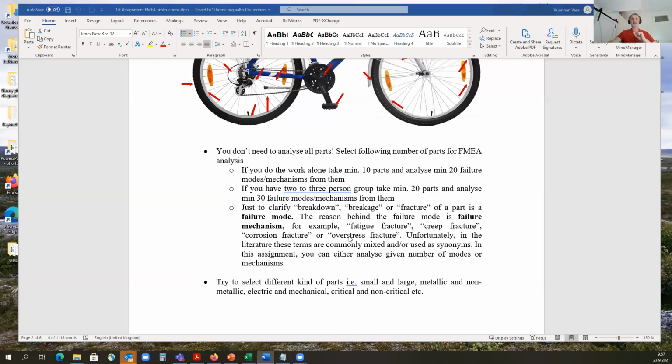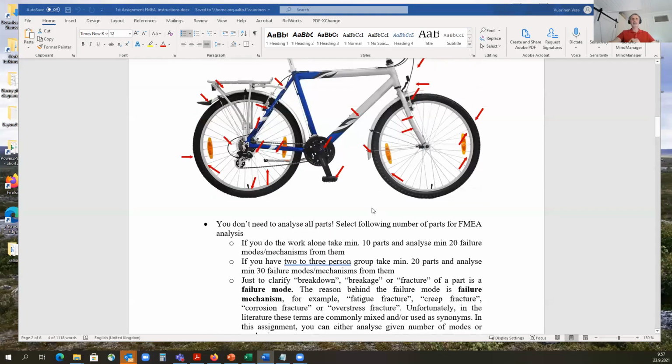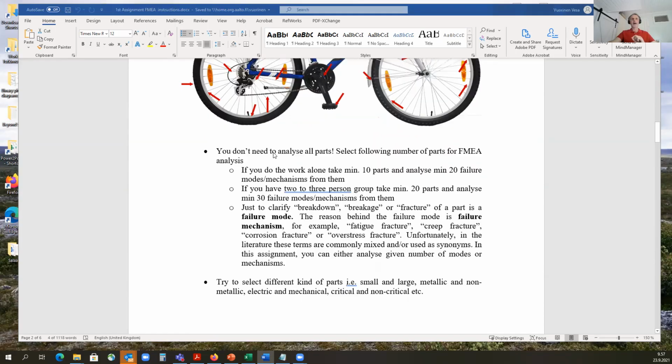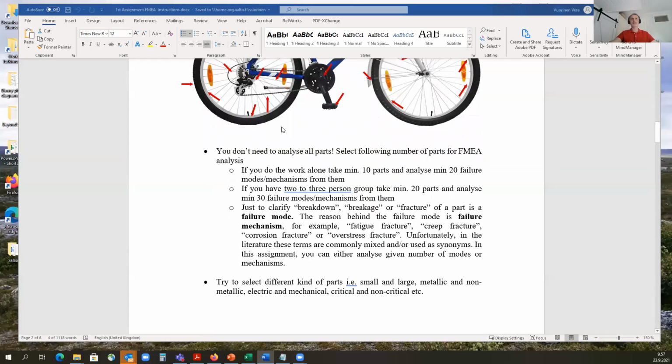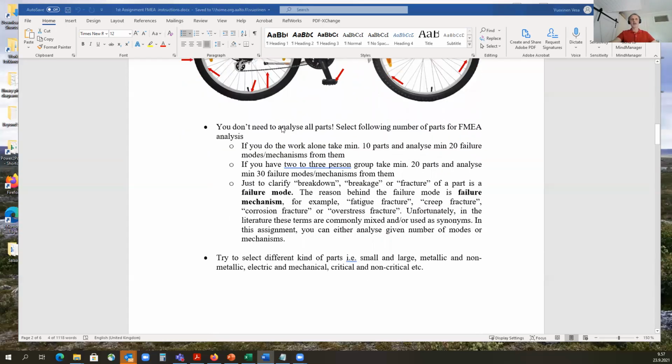So my point is that you should try to select different kinds of parts. So for example, here you can select small parts, large parts, parts which are critical from a safety point of view, parts which are not critical, and so it's easier for you to make the decision that okay, this is a part which I will have my corrective actions on, and this is a part which I don't do anything for.